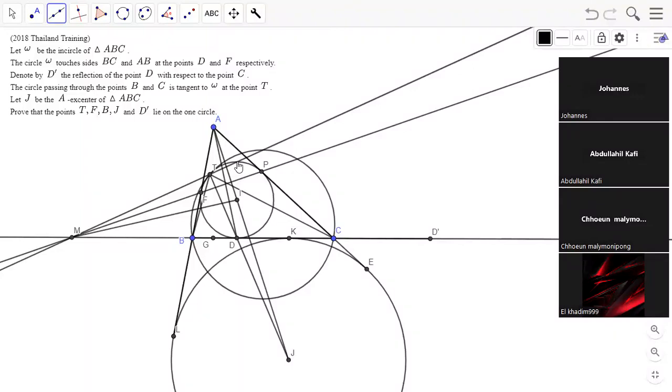And once you show that, then this has to be an angle bisector because M, B, D, C are in harmonic conjugation. So that was kind of the strategy.